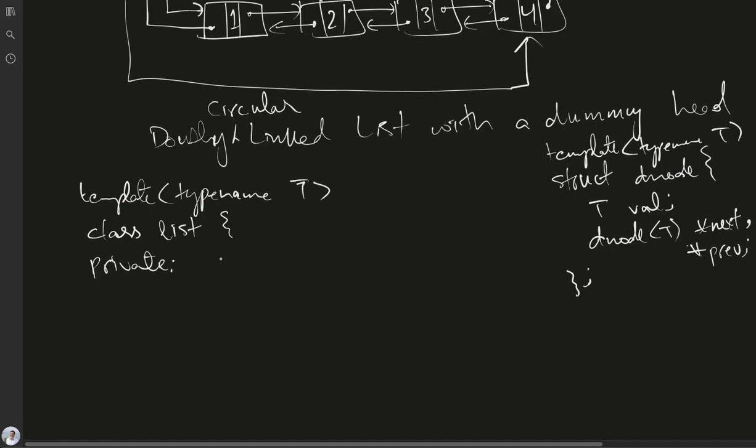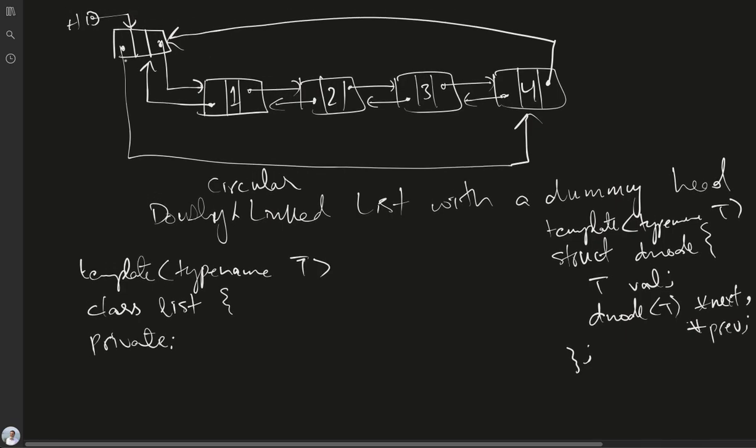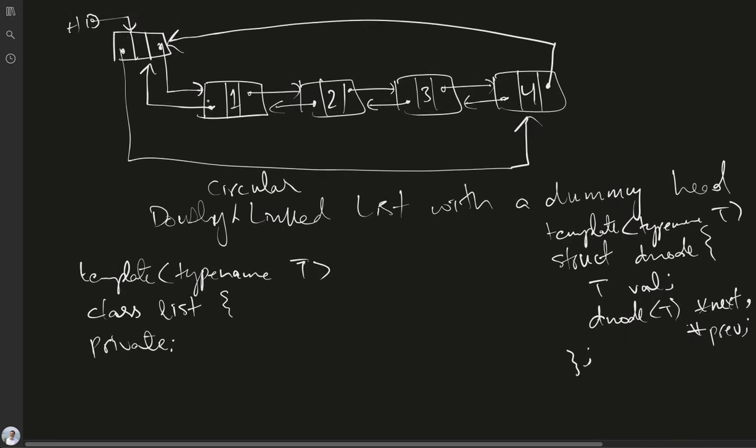So the private member variables would be just the address of the dummy head node and the number of values stored in the list. So if we think about why we need a dummy head node, it basically provides us a lot of advantages. For example, if we do not have the dummy head node, then we need to store the address of the first node and the last node, so we would need 2 pointers.